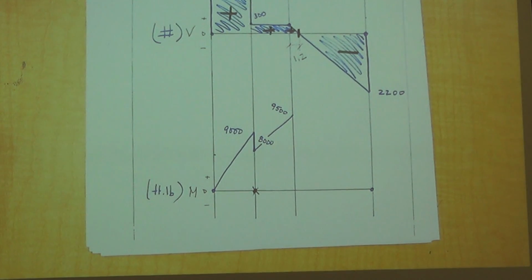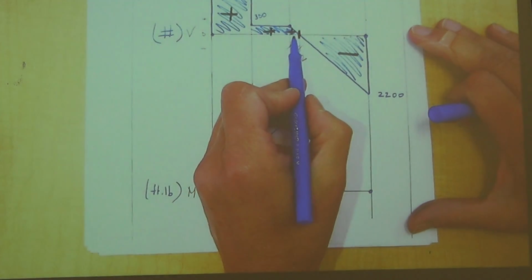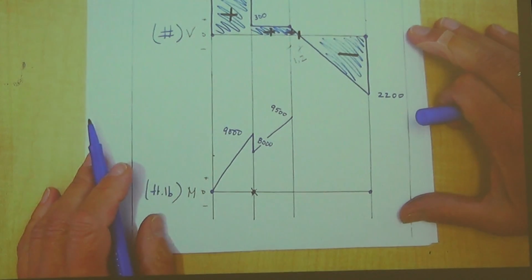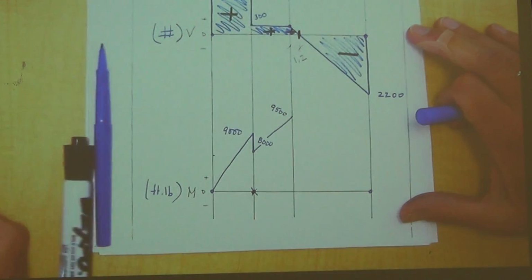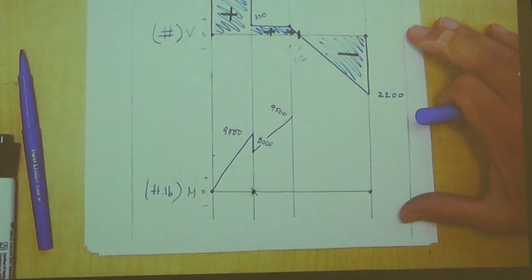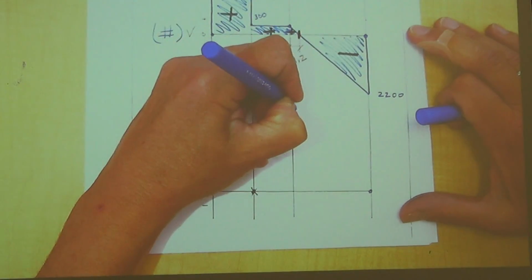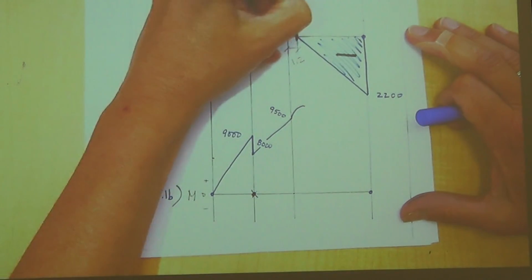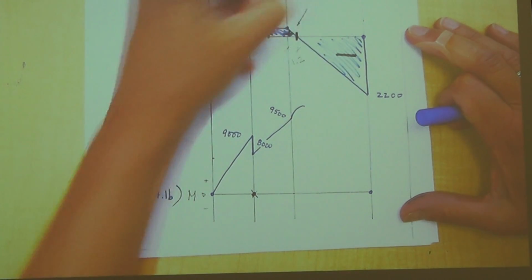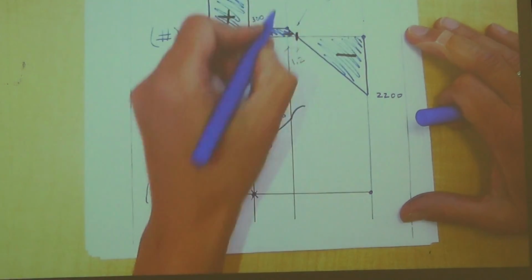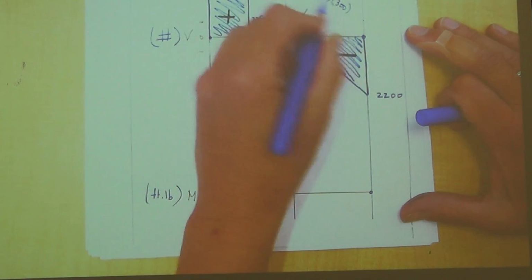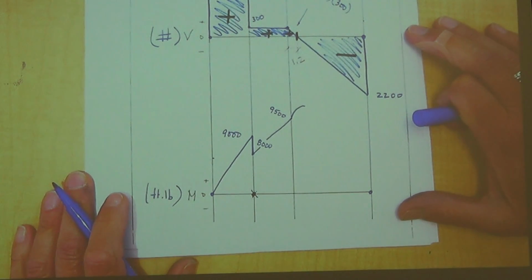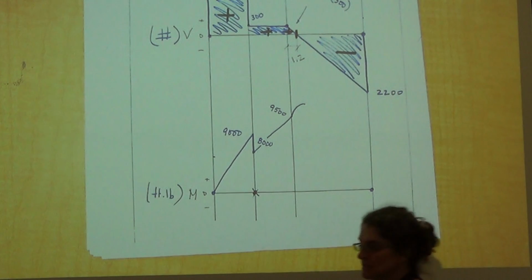Sam, the next part, we have a triangle, with a negative slope and positive area. Which way does it go? Up. So let's carry this down. What does it go up to? The area is equal to 1/2 the base, which is 1.2, times the height, which is 300. Somebody do the math.